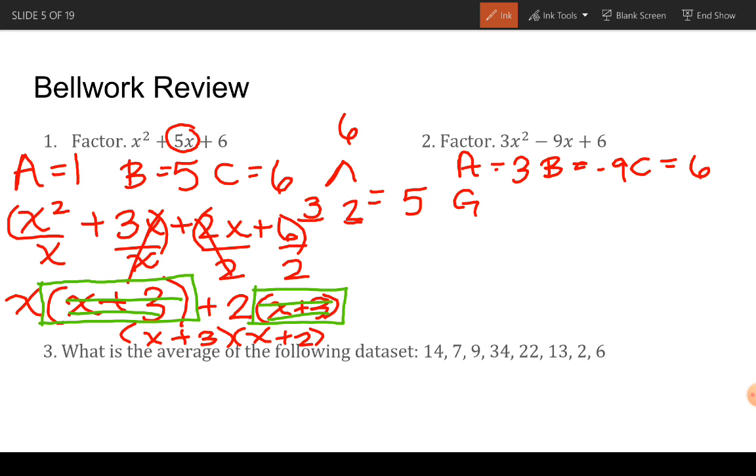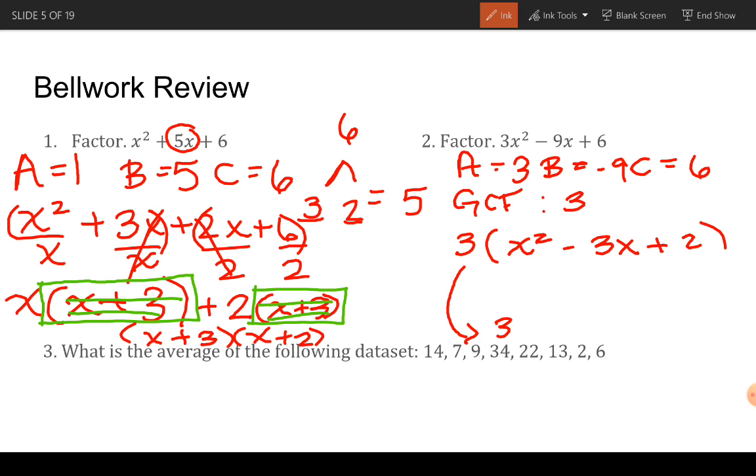So the GCF, the greatest common factor between those numbers, would be 3. So when I divide 3x squared, -9x, and 6 by 3, I'm going to get x squared minus 3x plus 2. Remember, I can draw my greatest common factor down to the end, and I can fill in my factors once I get to that point.